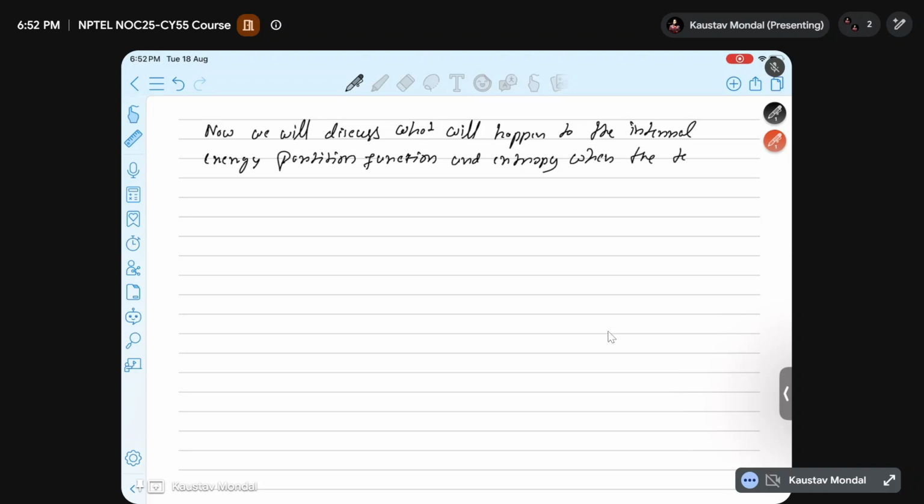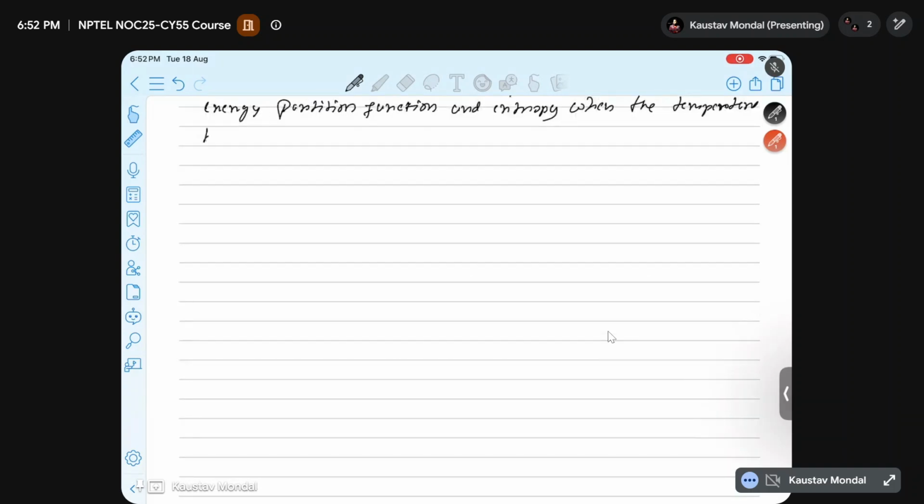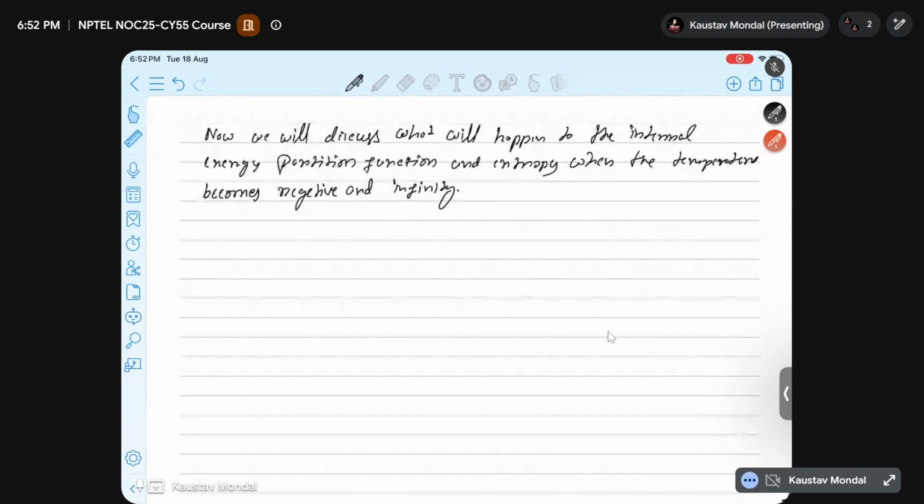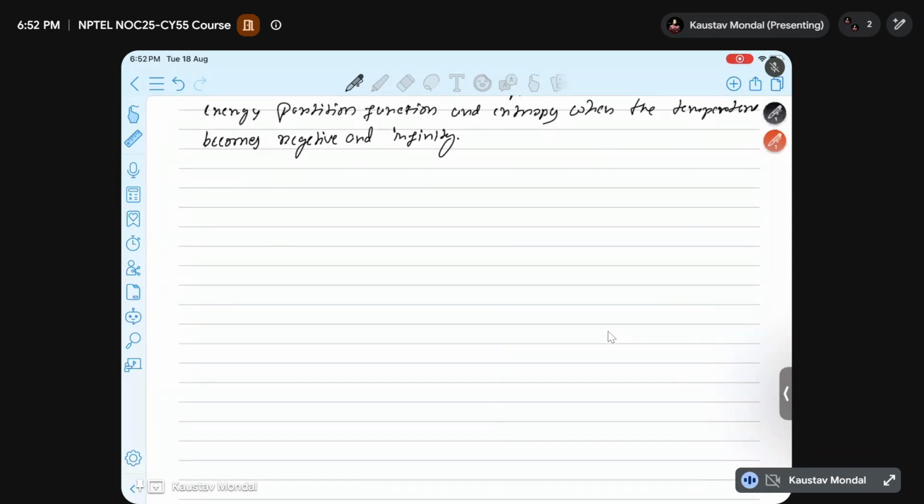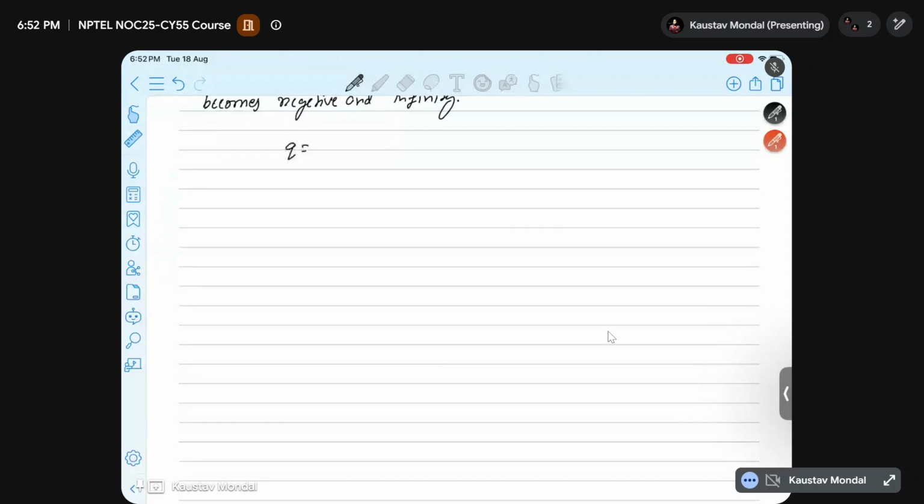When the temperature becomes negative and infinity. First let me write the partition function, that is Q. Q is summation over j of gj e to the power minus beta ej, summing over all the energy levels.